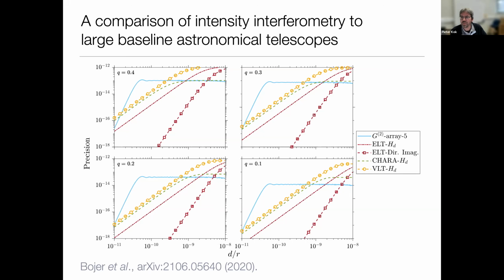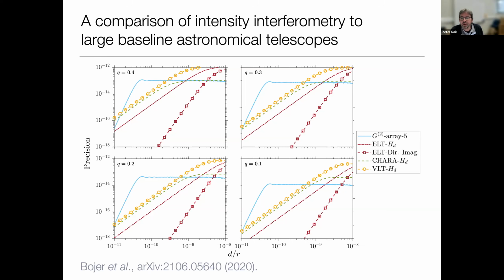There's also a telescope array called CHARA, and then there's the Very Large Telescope, the yellow one. We used the characteristics of those telescopes, the baseline, the size of the mirrors, etc., and compared that with an array of detectors that can be put much further away. But again, you pay the price in terms of lower photon output.